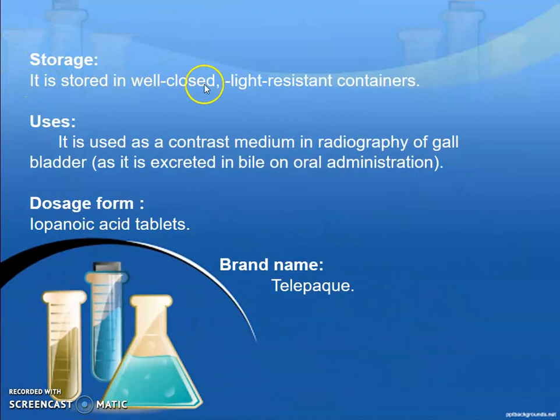Storage: it is stored in a well-closed, light-resistant container. Uses: it is used as a contrast media in radiography of the gallbladder as it is excreted in the bile on oral administration. Dosage form: it is available in the form of iopanoic acid tablets and the brand name is Telepaque.